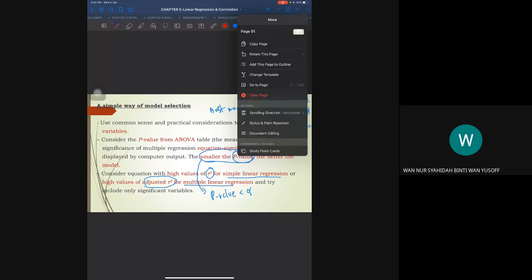Okay, so a simple way of model selection: use common sense and practical consideration to include or exclude variables.